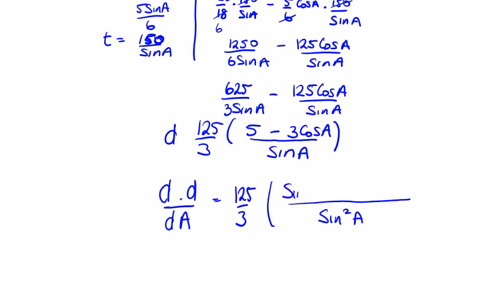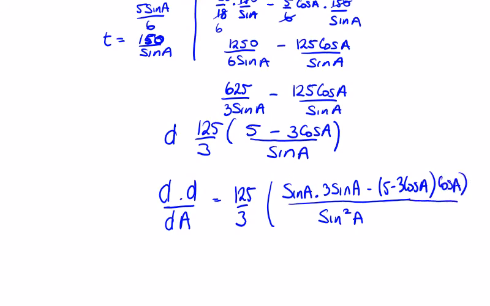So the bottom is sine A by the top differentiated. Well, the constant disappears, and minus cos A goes to plus sine A. So minus 3 cos A is going to become 3 sine A. And then we have the bottom by the top differentiated, minus the top, which is 5 minus 3 cos A, by the bottom differentiated, which becomes cos A. Sine A goes to cos A.